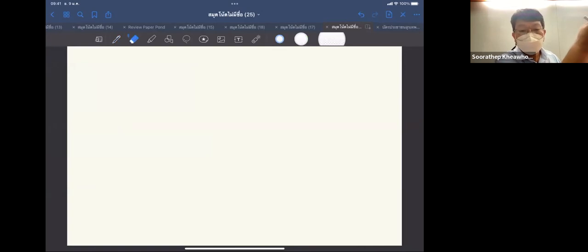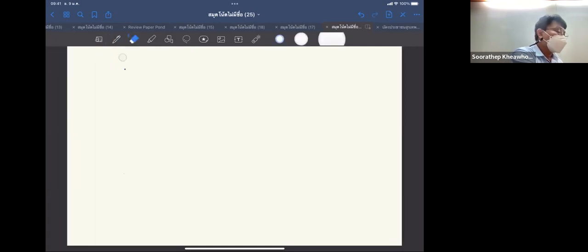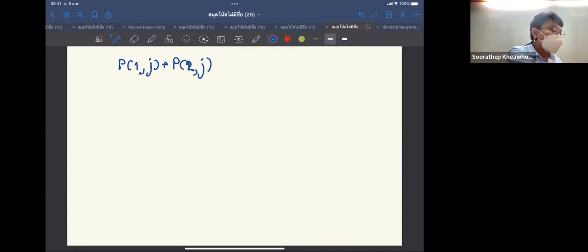We cannot refine more than 200 tons of vegetable oil. So P1J plus P2J, Vec 1, Vec 2, cannot refine more than 200.